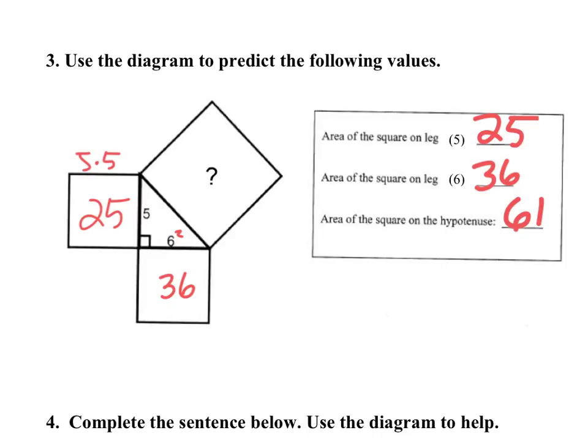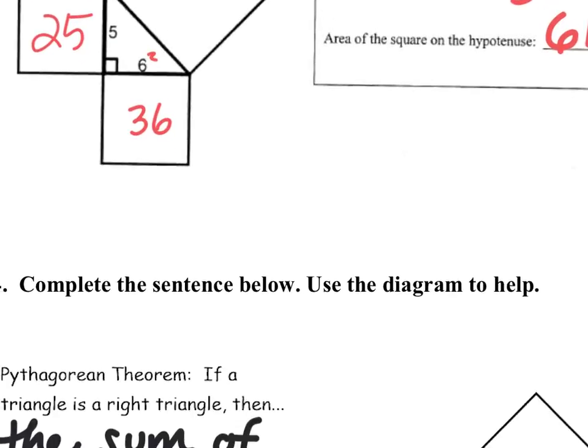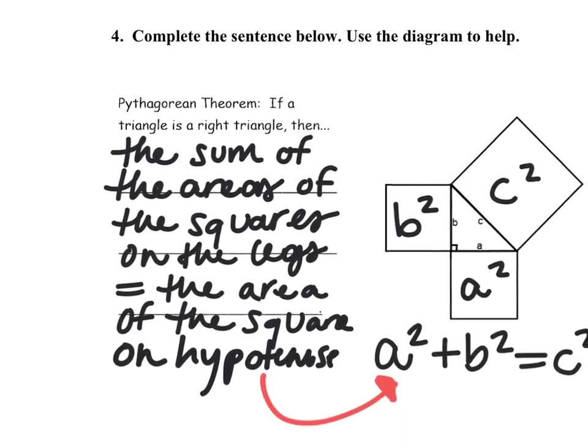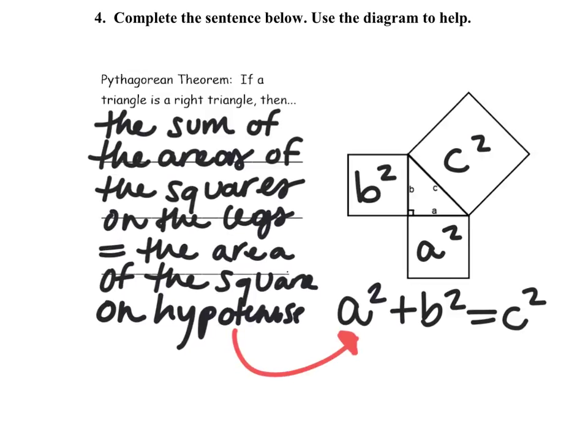So here should be our final conclusion. Okay, before you write it down, let me explain just a little bit. If I want to use variables instead of numbers, to get the area of a square, I just square the side. So the area of this one is a squared. The area of this one is c squared. The area of this one is b squared, because I've labeled my sides a, b, and c, like we saw at the very front.